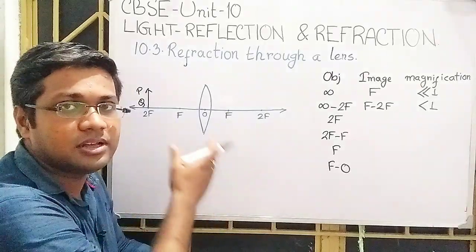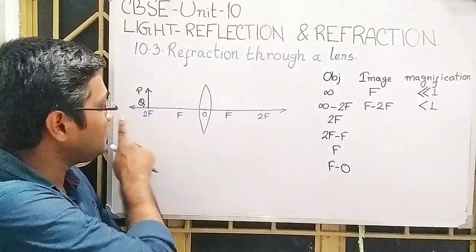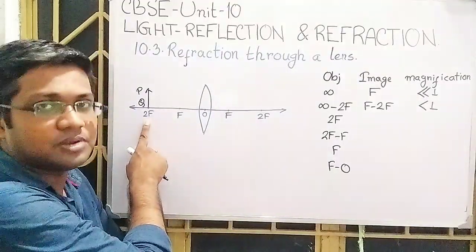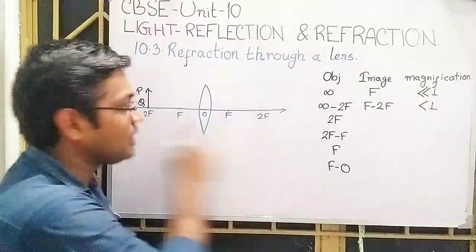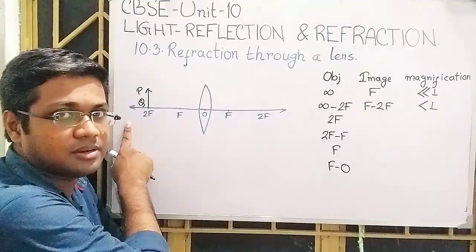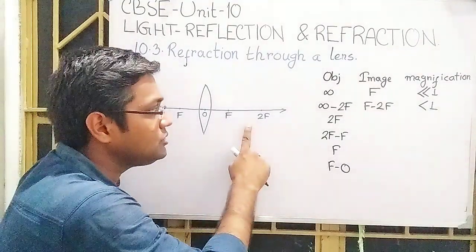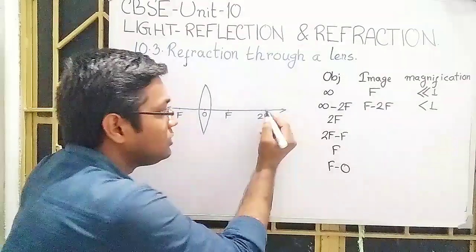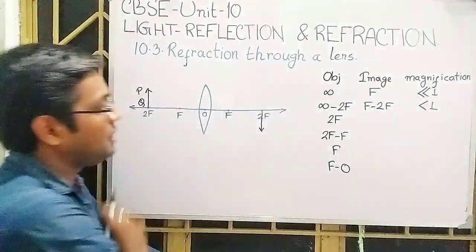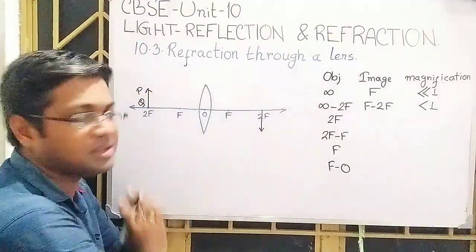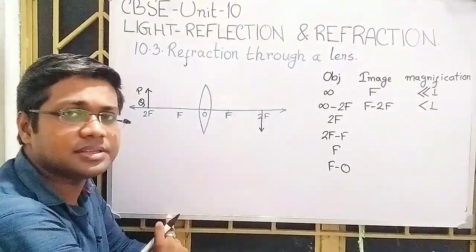Now if I follow the chronology here, if I move the object one step inward towards 2f, the image moves one step outward. The image is formed here. Obviously, the image will be formed here. Let us see what I have drawn or assumed, whether it is correct or not.